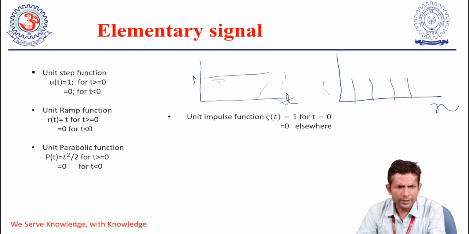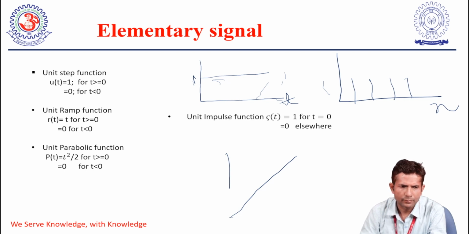Now the second one is the unit ramp function. What is the unit ramp function? The unit ramp function can be defined as t when t is greater than or equal to 0, or 0 when t is less than 0. How can we understand it by the figure? If we plot this, let us erase this.